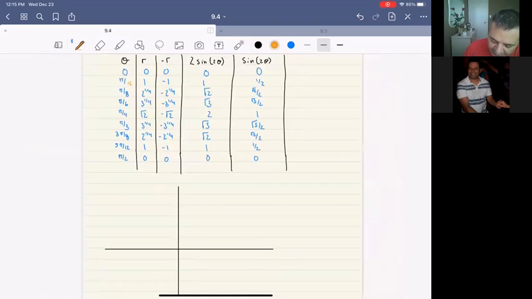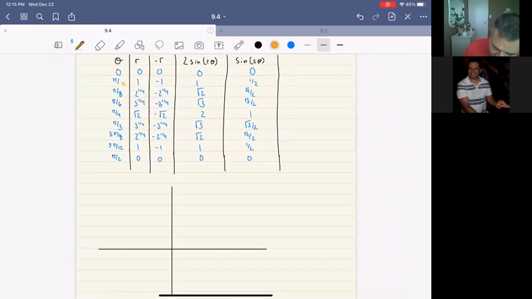The way I'm going to do this, I'm going to take an angle. I'm going to say this represents pi over 4. Okay, that's an easy one. Now I have 1, 2, 3 lines before pi over 4, 1, 2, 3 lines after. So I'm just going to draw those in.